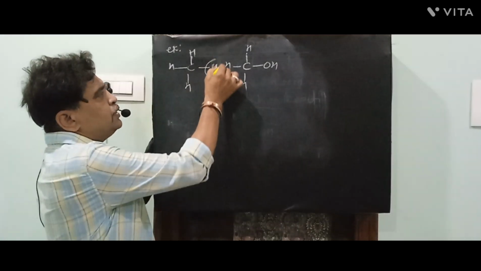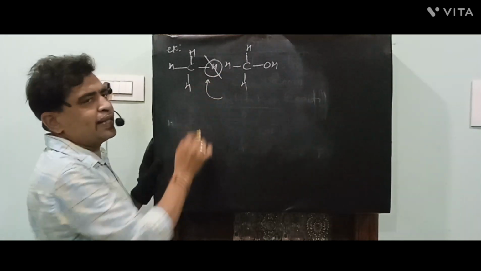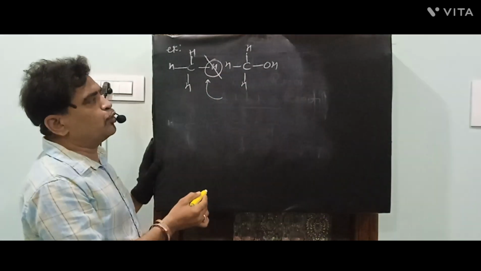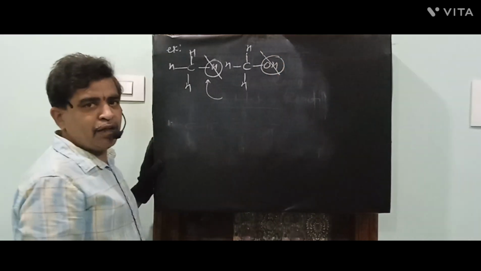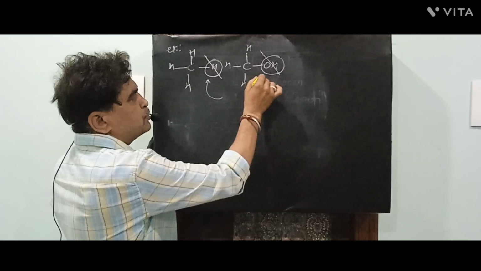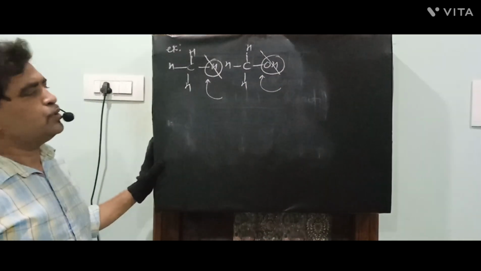If you want to replace the hydrogen, you have to remove it and substitute it with another atom or group. Similarly in methyl alcohol, the OH group is eliminated and we substitute another atom or group.